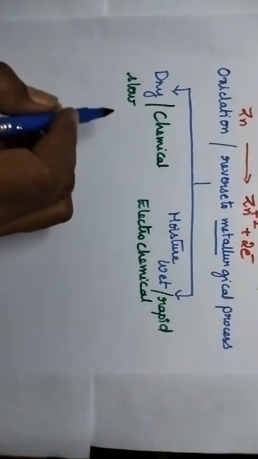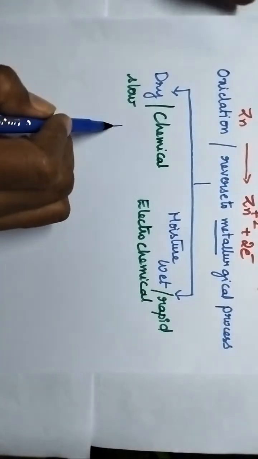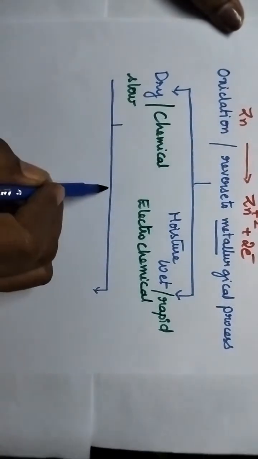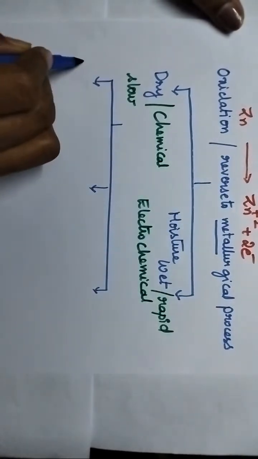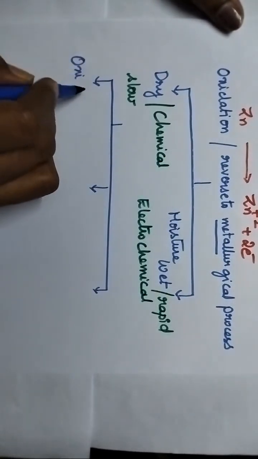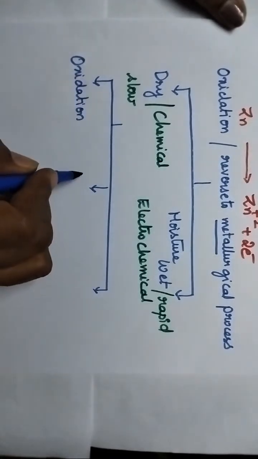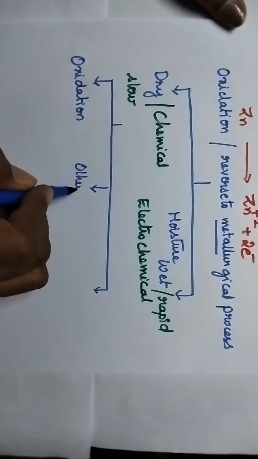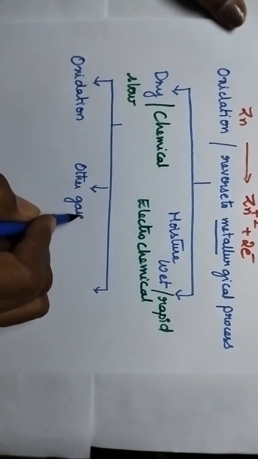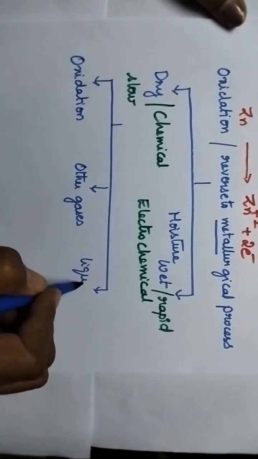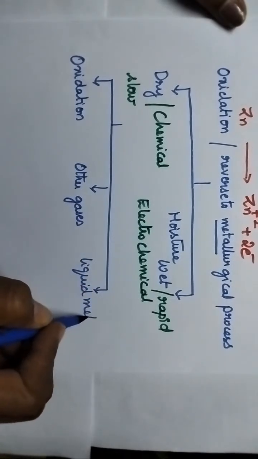Again, dry corrosion can be classified into three types, namely oxidation corrosion, corrosion by other gases, or liquid metal corrosion.